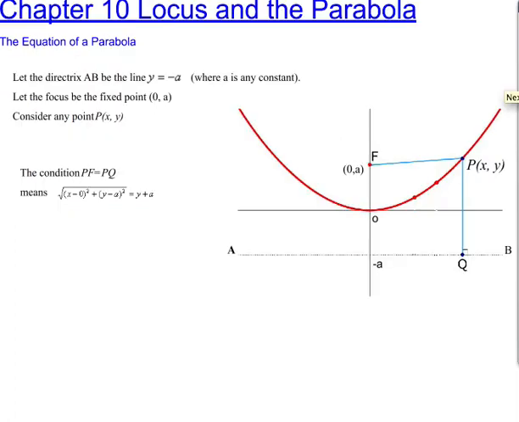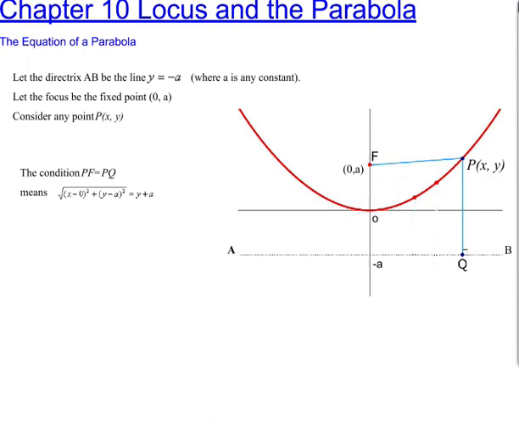I'll just go through where x squared equals 4ay comes from. On this diagram, we let P be the locus of the point that moves so that it's equidistant from a fixed point and a fixed line. Then P will have the coordinates (x, y).